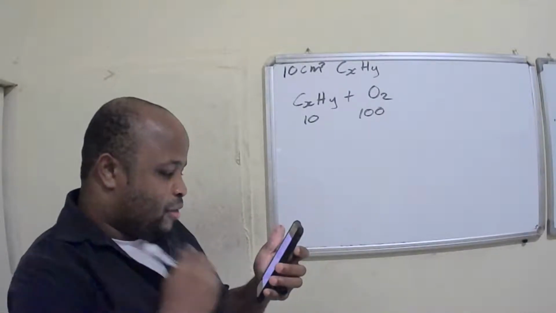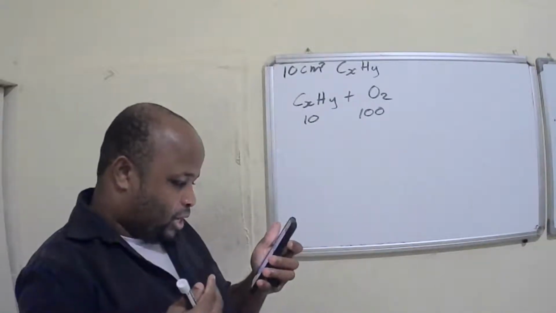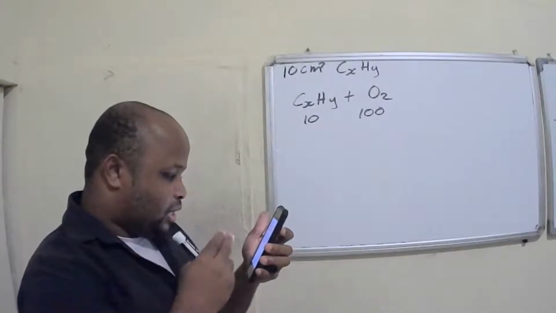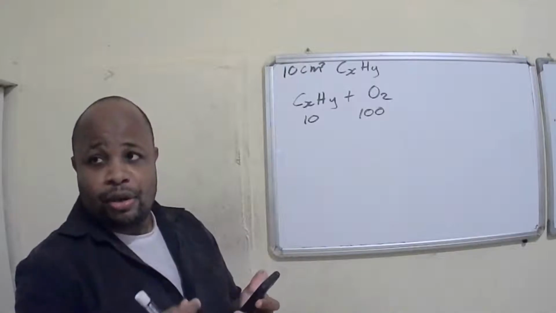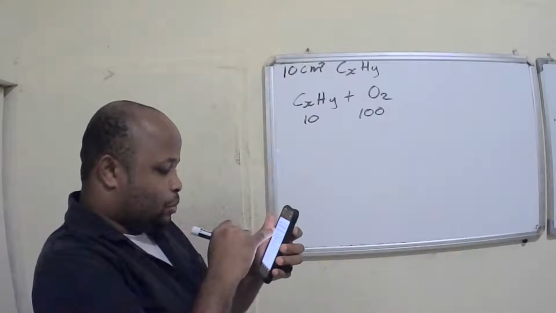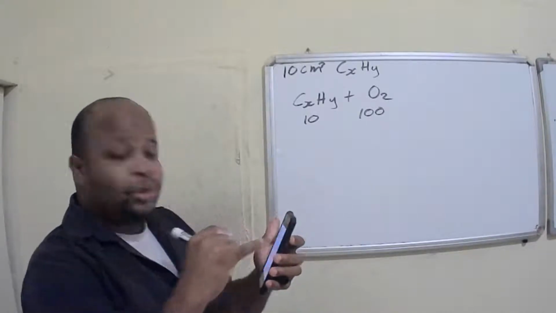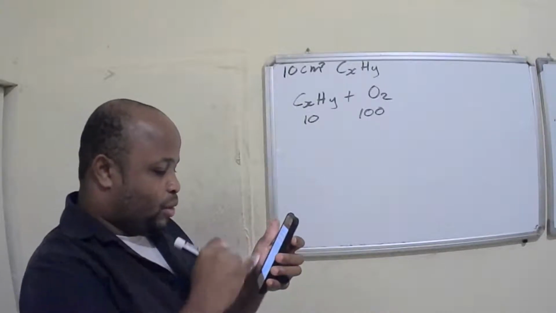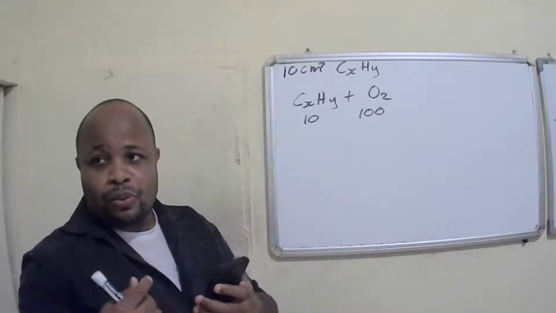The volume after the explosion was 100 cm cube, and this was reduced to 60 with treatment with KOH. KOH will remove the CO2.